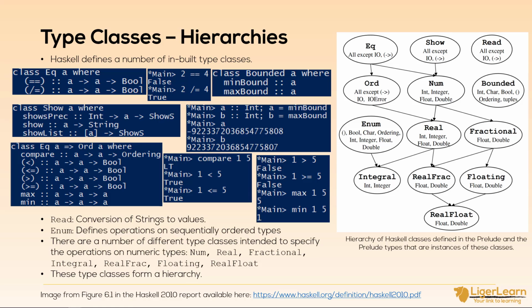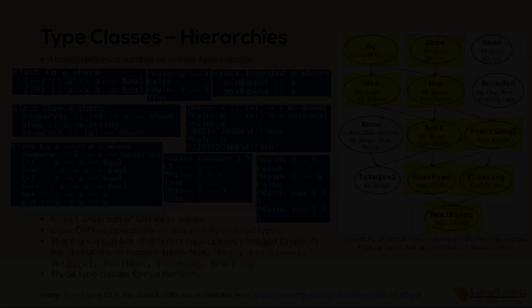And so if we go to the deepest type class in this hierarchy, RealFloat, we can see that any type that defines an instance of RealFloat must also have defined an instance of RealFrac, and Real, and Ord, and Num, and Eq, and Show, and Floating, and Fractional. So if you have a type which defines an instance of RealFloat, which in this case would be a Float or Double, then you can do all of the operations defined in that type class hierarchy.